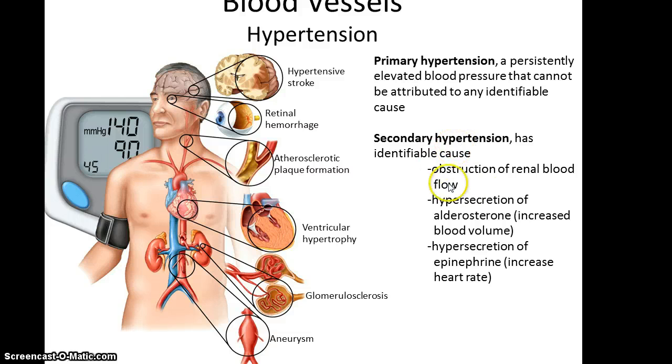Examples of causes include obstruction of renal blood flow, because in the kidneys we are regulating the blood volume, and the hypersecretion of aldosterone, which is a hormone that also regulates the blood volume. So if your blood volume is way too high, that means the blood pressure is going to be high. Another issue is the hypersecretion of epinephrine, which can lead to a constant increase in heart rate. If the heart is beating faster and harder, that also will increase the blood pressure.